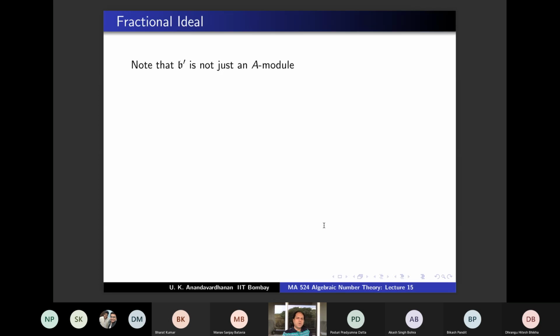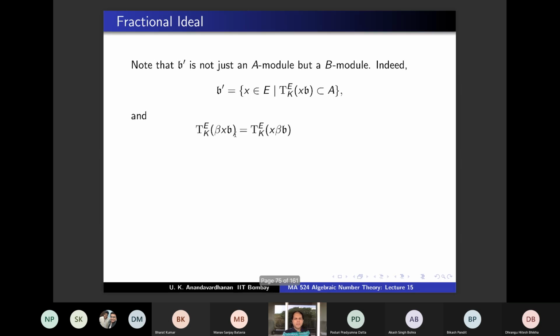We want to say that it is a B module. And that is easy to check from the definition. So this was the definition of B prime. So in order to show that it is actually a B module, you have to take x in E and b in B, and you have to show that bx belongs to B prime. So if you take beta from B and x in B prime, you have to consider trace of beta x B, and this is trace of x beta B, and beta B is contained in B, because B is a B module.